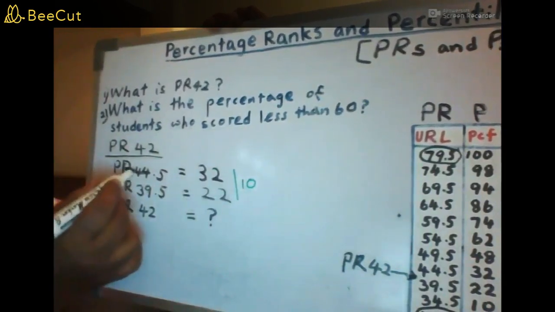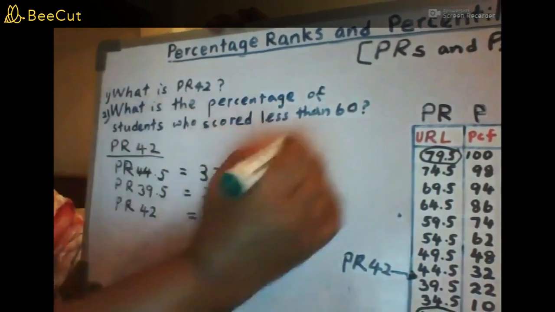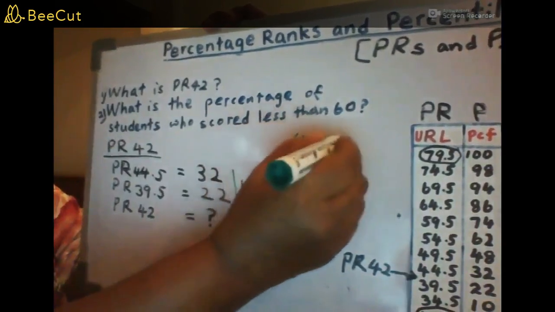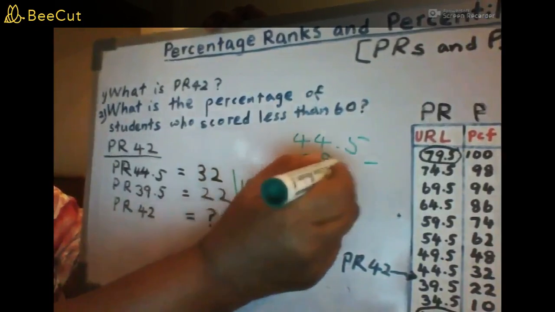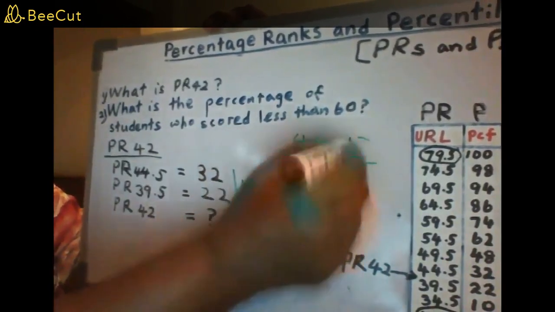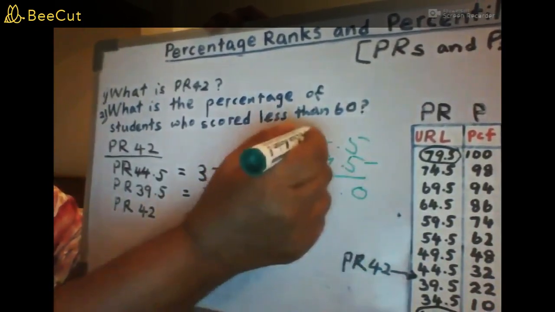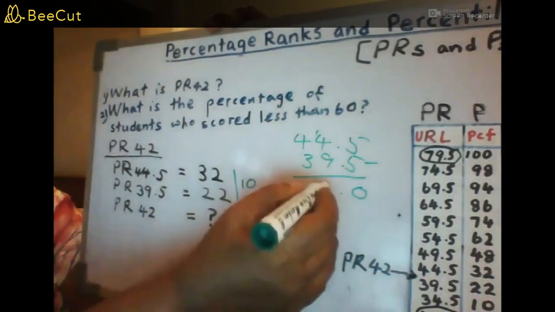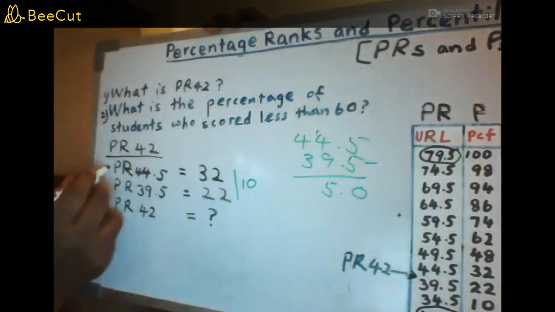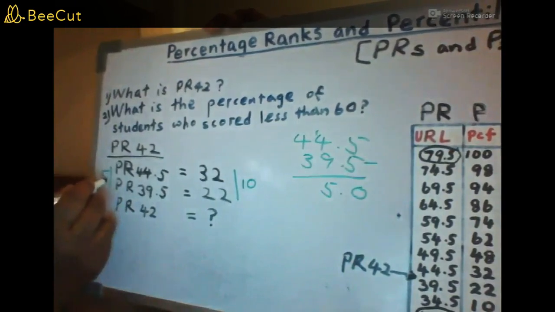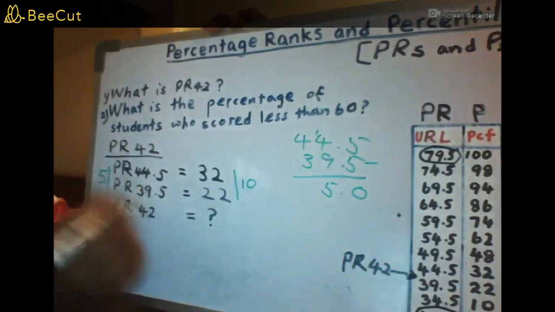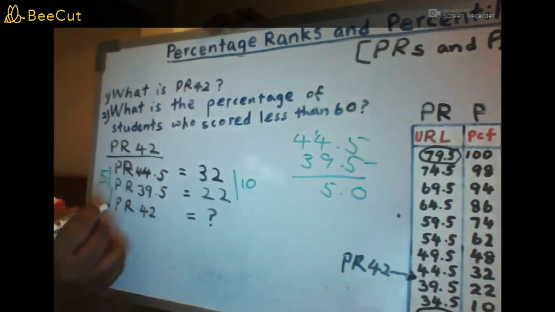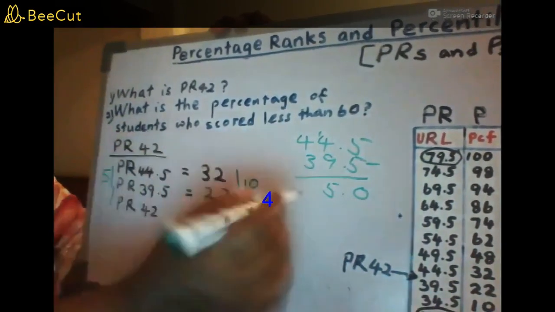What's the difference between 44.5 and 39.5? The difference is 5. Don't worry about plus or minus. Once again, then get this difference. What is that?